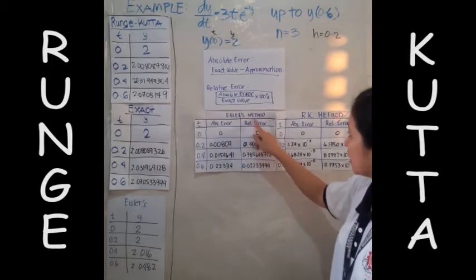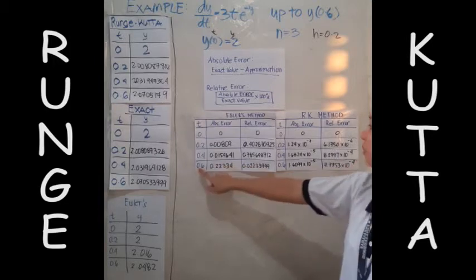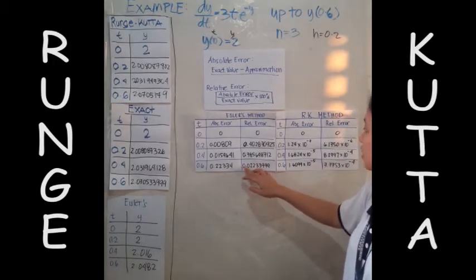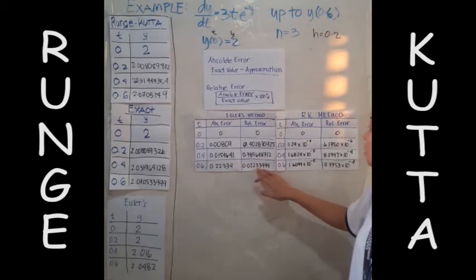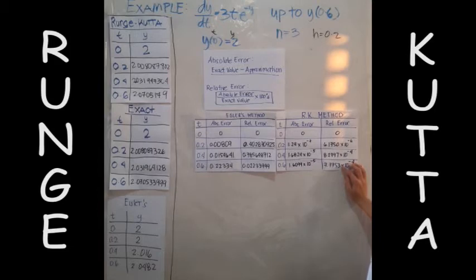While the error here in Euler's method when time approaches 0.6 is 0.02233999, while in Runge-Kutta method, the error when time approaches 0.6 is 7.7753 times 10 raised to negative 4.